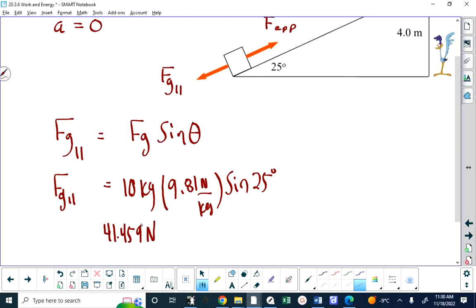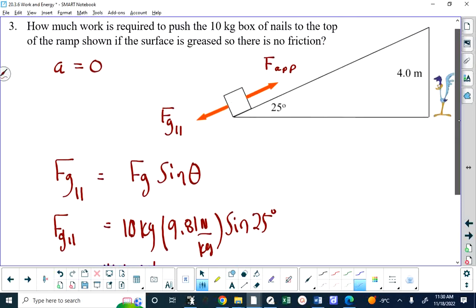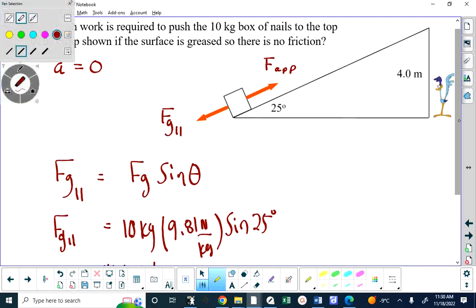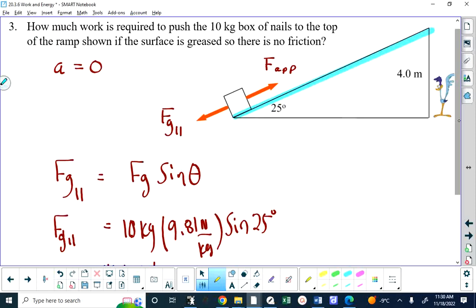Okay. Now, that's a force, everybody, along the ramp, which means you need to also determine the displacement along the ramp, because the force and displacement have to be in the same direction. Well, that's a trigonometry problem that's based on distances. Let's see.